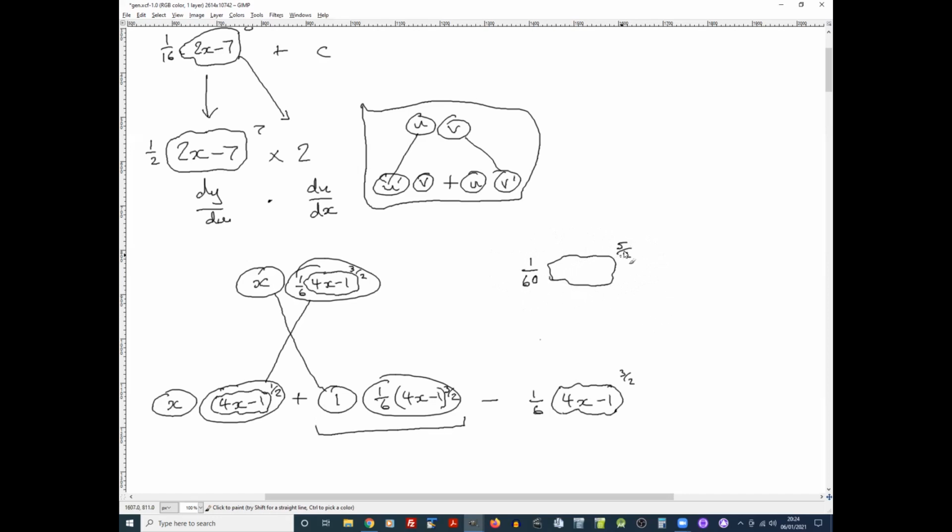Okay, let's test that. What's 5 halves times 1 over 60? 5 over 120, so it'll be 1/24. So this would be a 24th blob to the power of 3 halves. Is that okay?